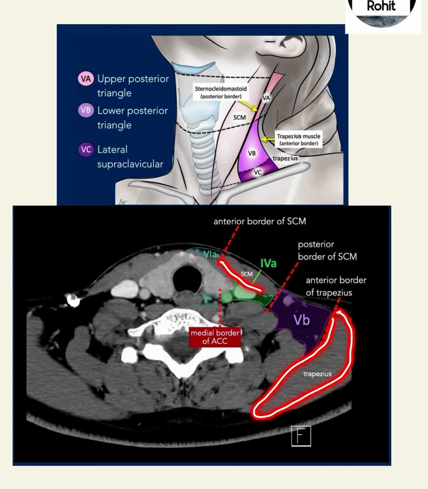This is our sternocleidomastoid muscle. So at this level, this is 5B. This is the 4A level. Here we can see the 4A level. This is the 6A anterior cervical level. This is the anterior border of the sternocleidomastoid, and this is the posterior border. The area between the posterior border and the trapezius posteriorly is 5B.